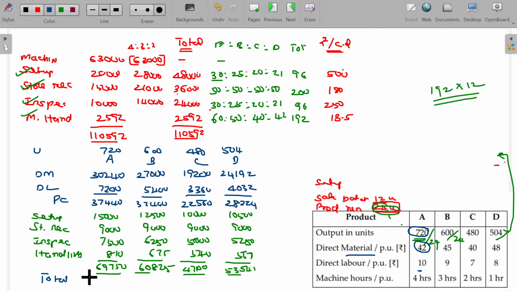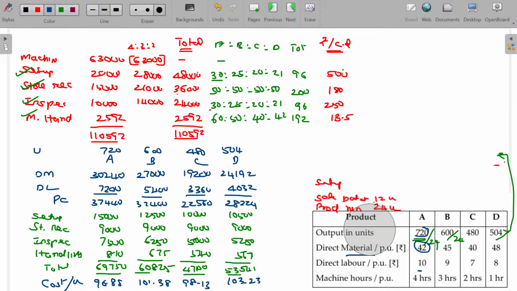Oh, this itself is the total. Sorry. Now find out the cost per unit. 69,750 divided by 720 is 96.88. 101.38. 98.13 and 106.23.